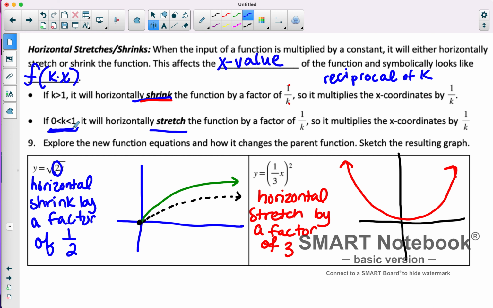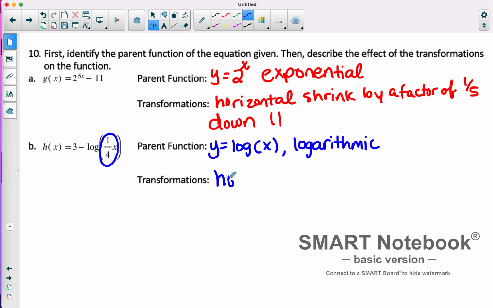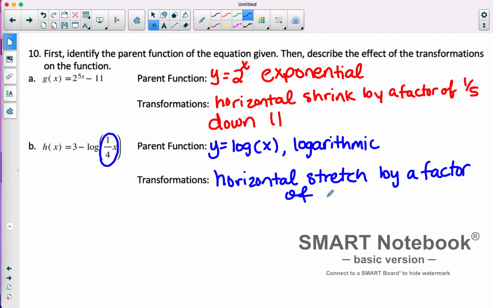That constant is between 0 and 1, which means we have a horizontal stretch by a factor of 4. So 1 over 4, if I do the reciprocal, becomes 4 over 1, which is just 4.